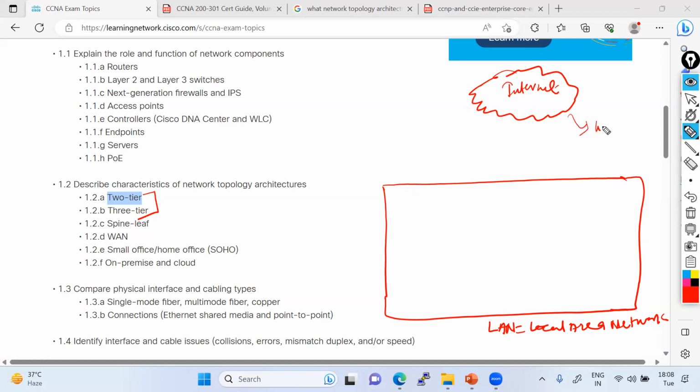That area is known as the WAN, the wide area network. So we have a LAN and we have a WAN. These are the two components. How is this LAN going to connect? The WAN always requires another layer 3 device, which is known as a router, and this is going to connect the WAN. This is known as the WAN connection.